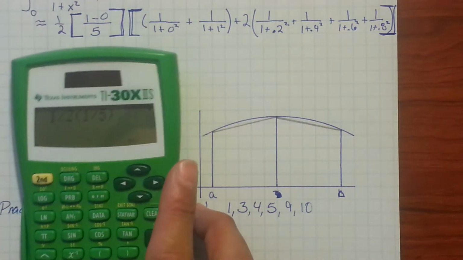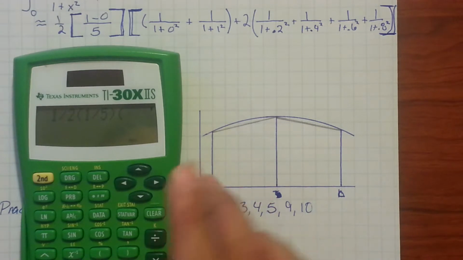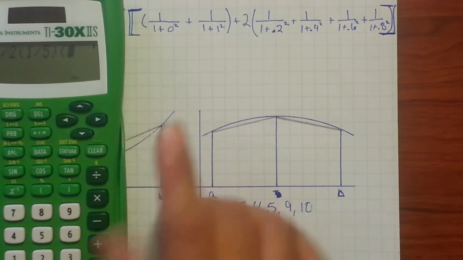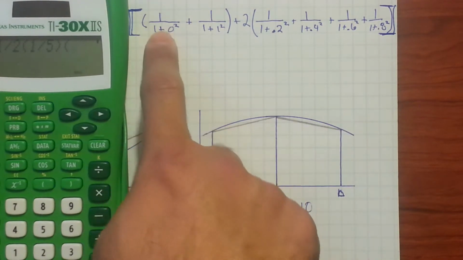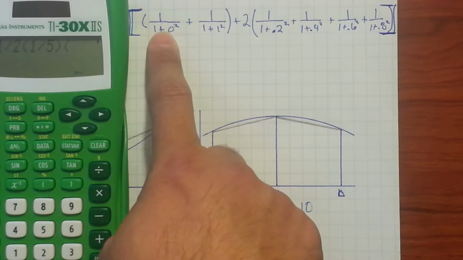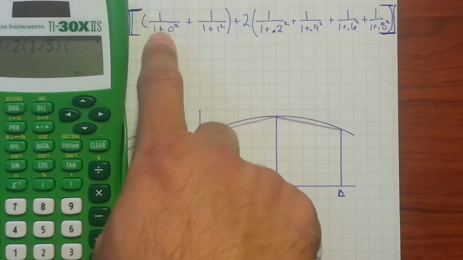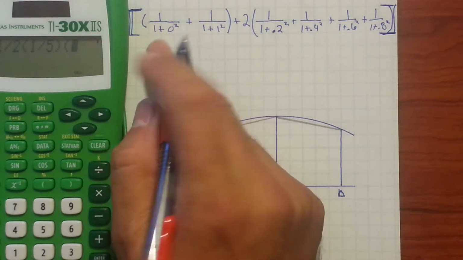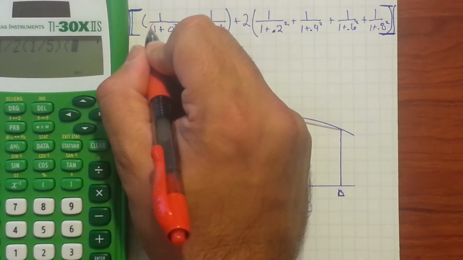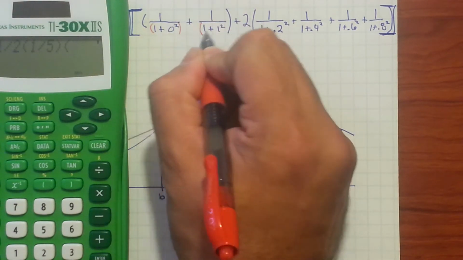Okay, right here, this is going to be open again. This one right here is going to be, now I can put this all in the calculator as long as I know how to put it in correctly. So first thing I need to understand is that when I put this in the calculator, since I have more than one thing in the denominator, I would have to add extra parentheses there.